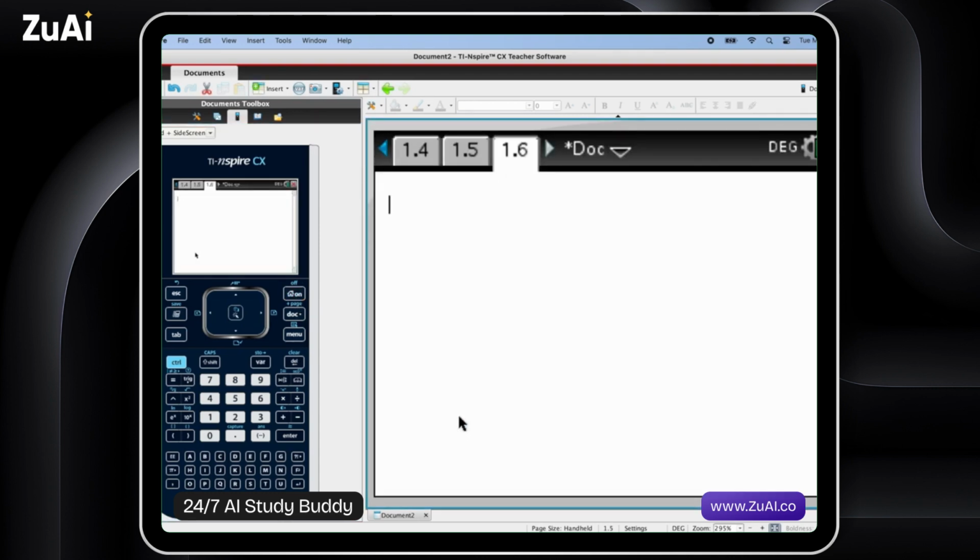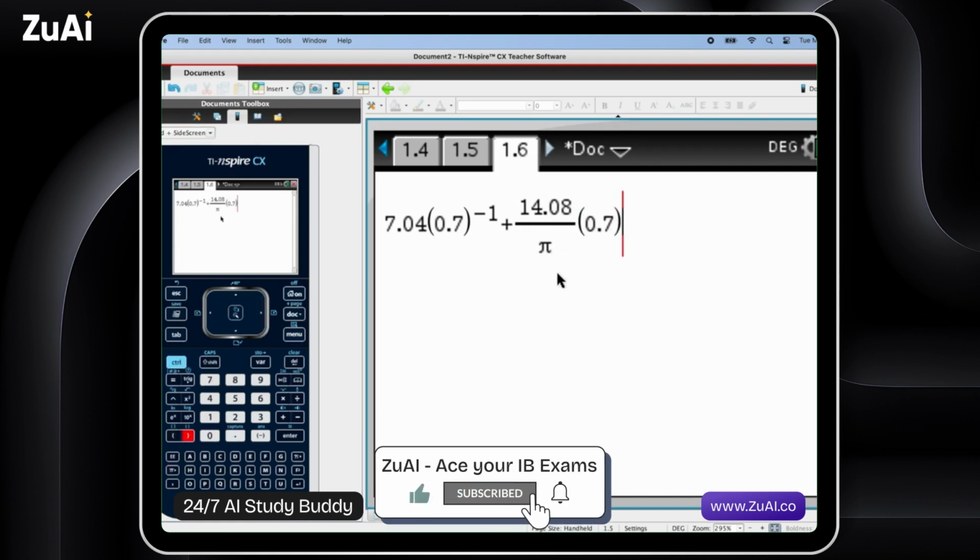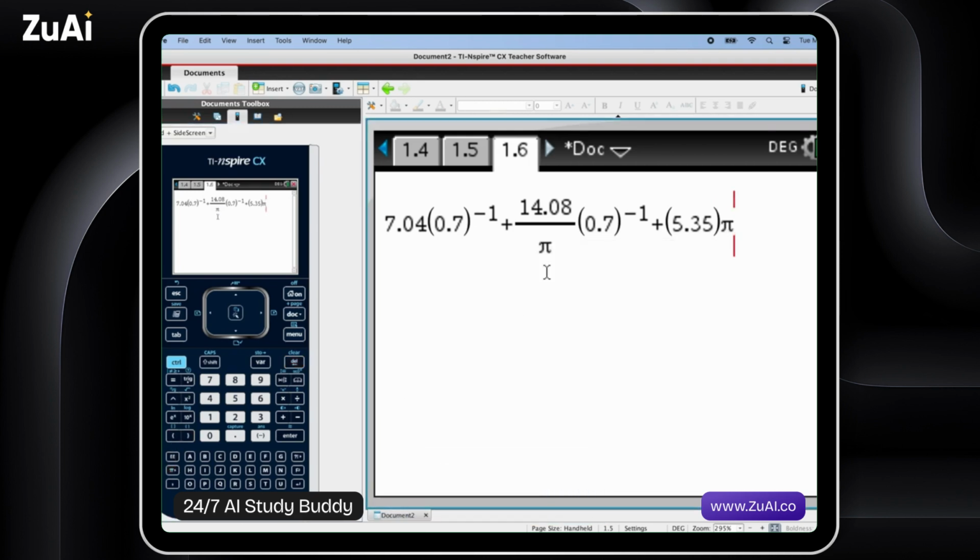Okay, so let's type it in. 7.04 times 0.7 raised to the power of -1, plus, let's open up a fraction, 14.08 over pi multiplied by 0.7 raised to the power of -1, plus our value of p, which we found to be 5.35, multiplied by pi, and then 0.7 multiplied by 0.7 squared.